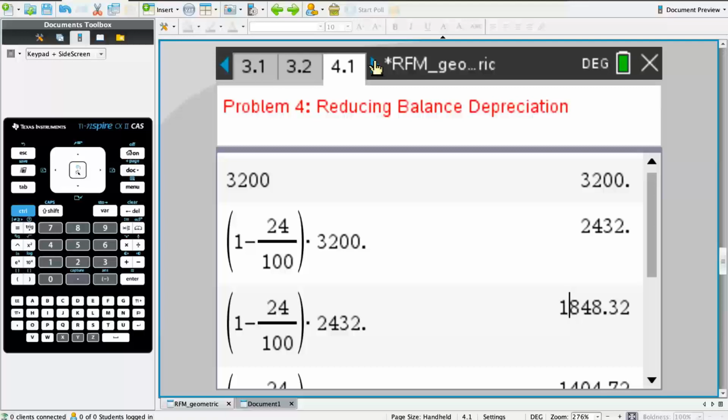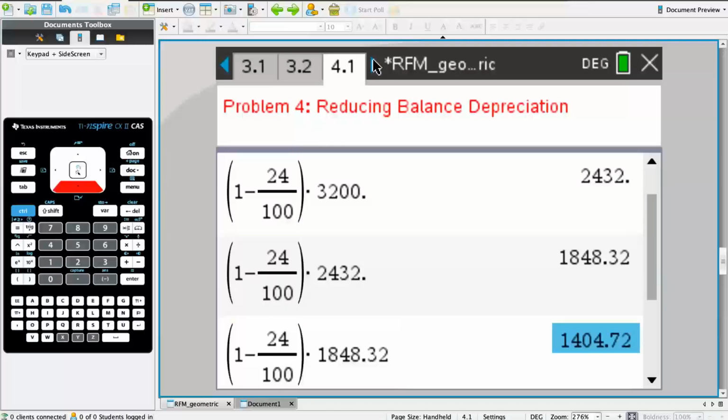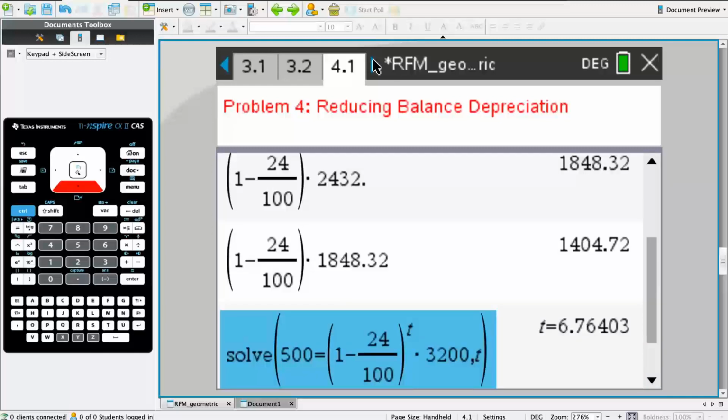So that's quite a drop in 1 year, and this is in the nature of this geometric style of change. The second year, it's about 1,848, and it gets to 1,404. However, if you want to know its value after 3 years, you've got 2 options. You can just use the recursion rule if the number of years you're calculating for is small, or you could similarly just do a substitute command.